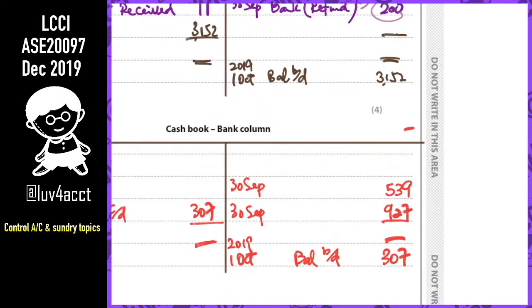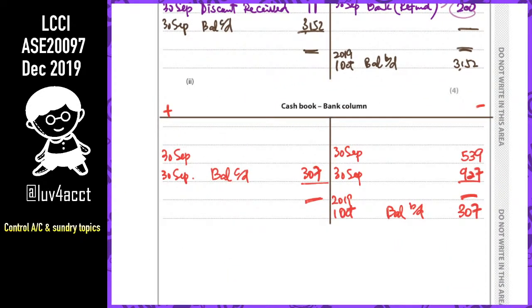Now here I have to again remind you of the usual assumption that LCCI Level 3 financial accounting has. When we look at previous question, we know that the assumption is the control account is used for the recording of transaction. It is used as the double entry system, the control account.